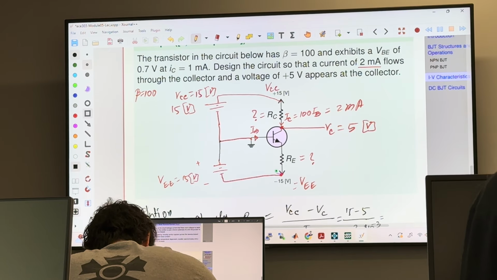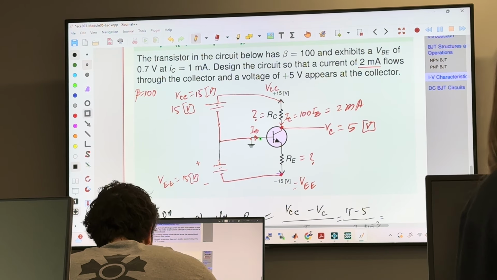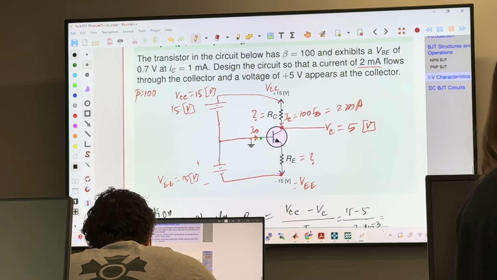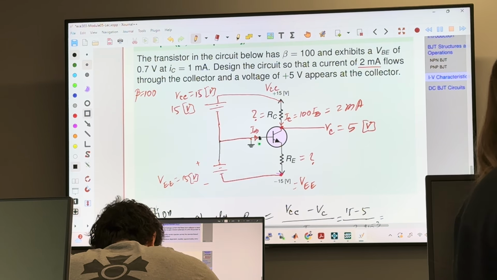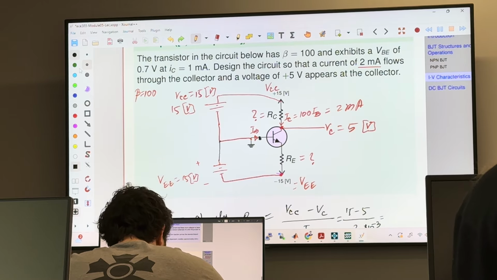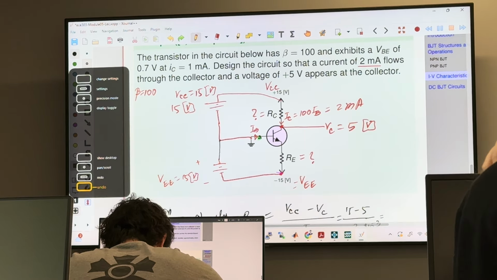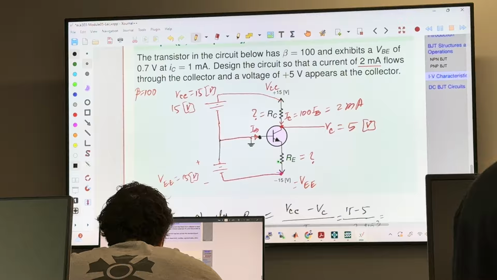But to know what RE is, we need to know what this voltage is. This is positive. Please pay attention, guys. This is positive, this is negative.